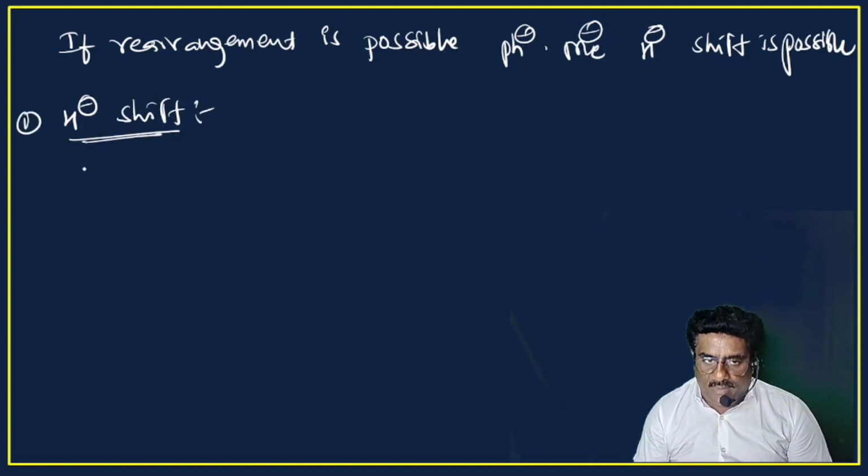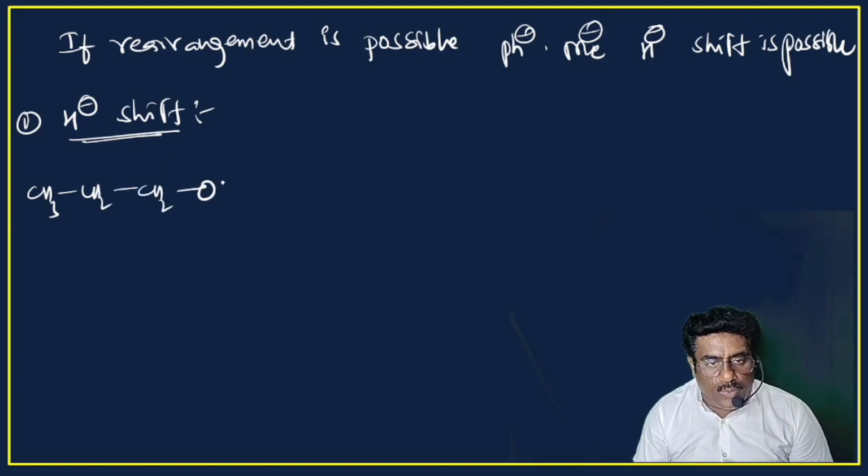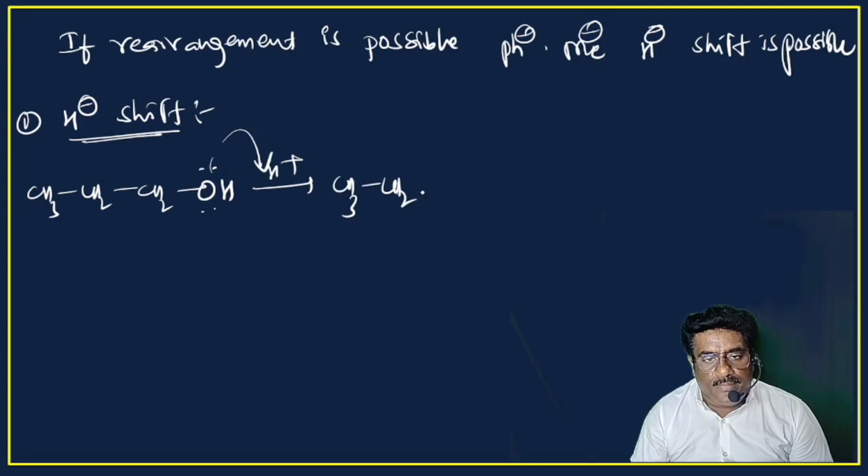I'm taking the example CH3CH2CH2OH in presence of H plus. Protonated, it forms CH3CH2CH2OH2 plus.